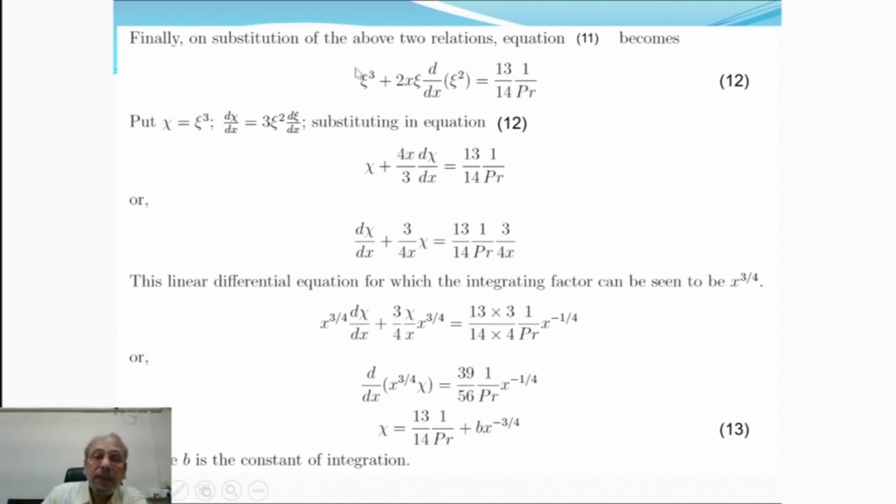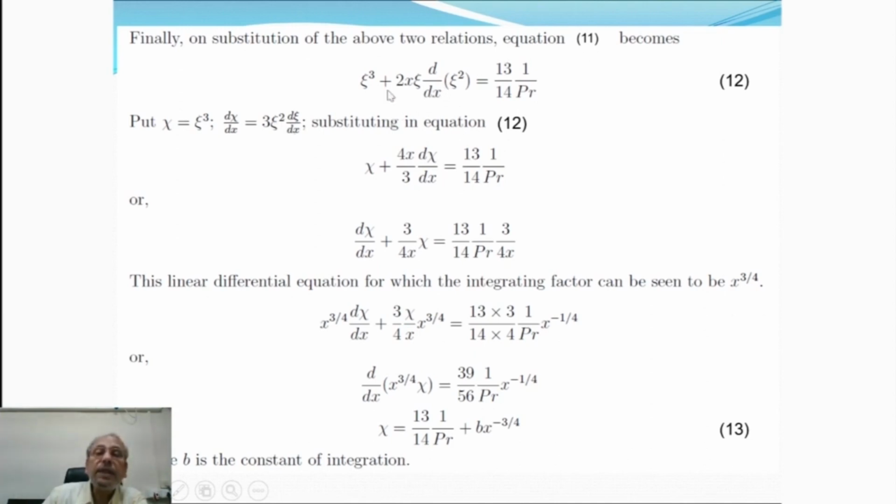It is a little involved to solve this equation. We again put another variable χ, which is equal to ζ³. Then dχ/dx is thrice ζ² dζ/dx.